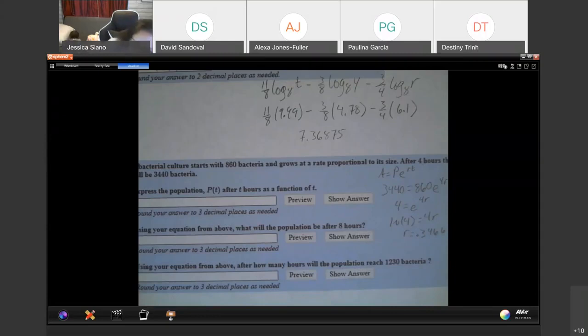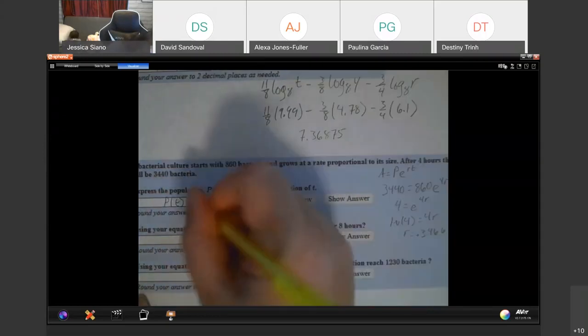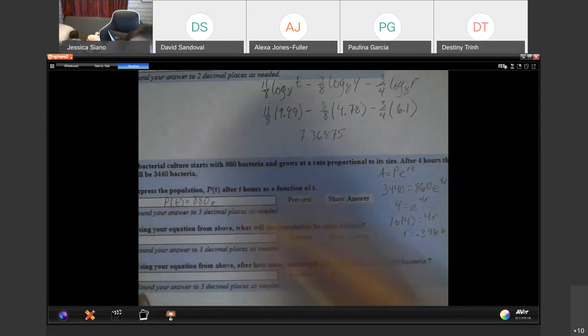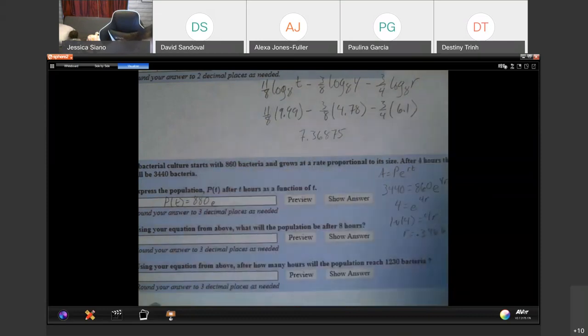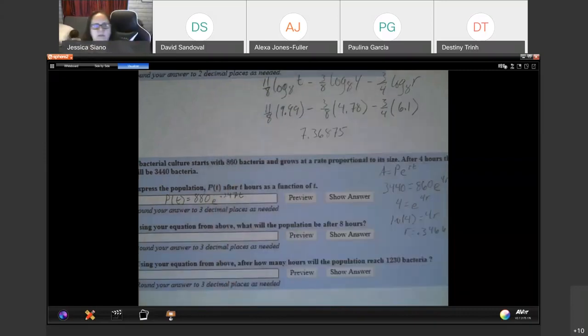So then I would say that P of t is 860 e to the 0.347t.